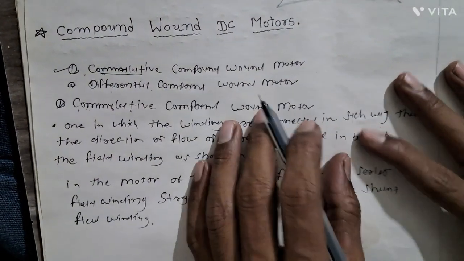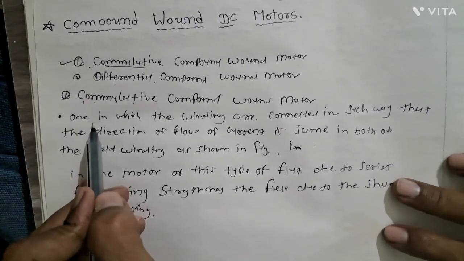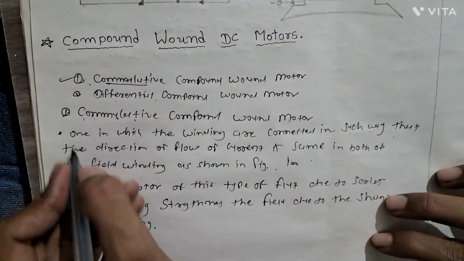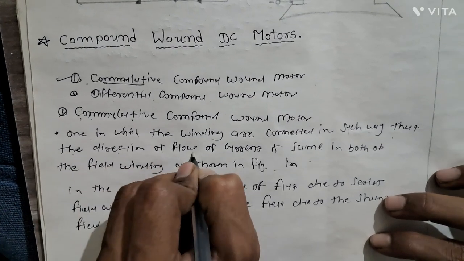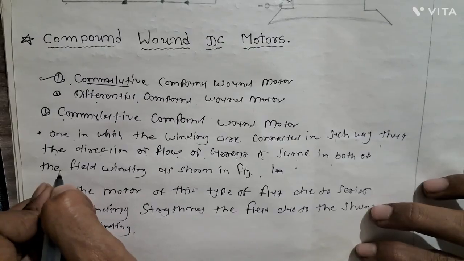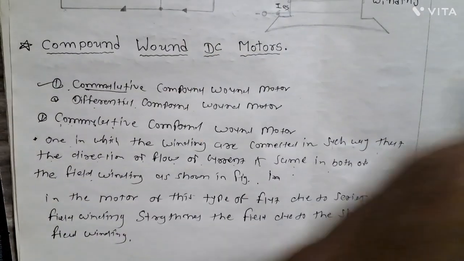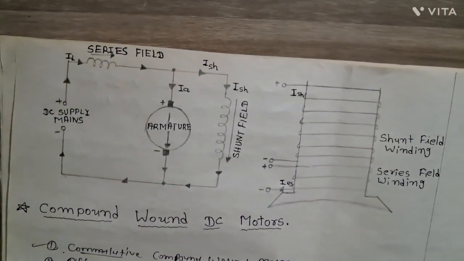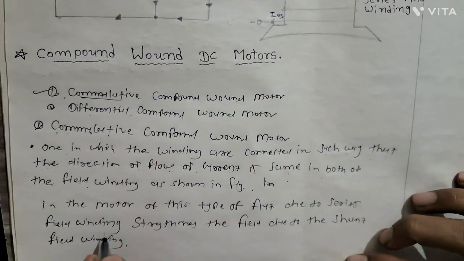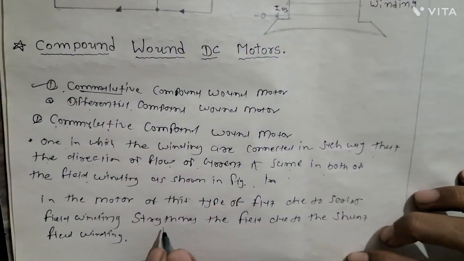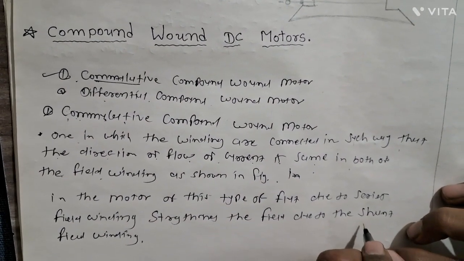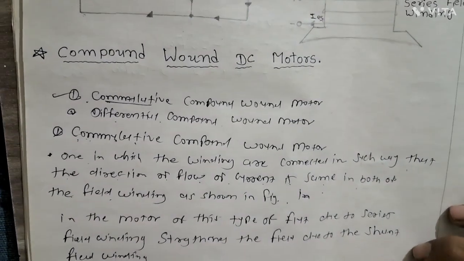It is one in which the windings are connected in such a way that the direction of flow of current is the same in both of the field windings, as shown in the figure. In this motor, the flux due to the series field winding strengthens the field due to the shunt field winding.